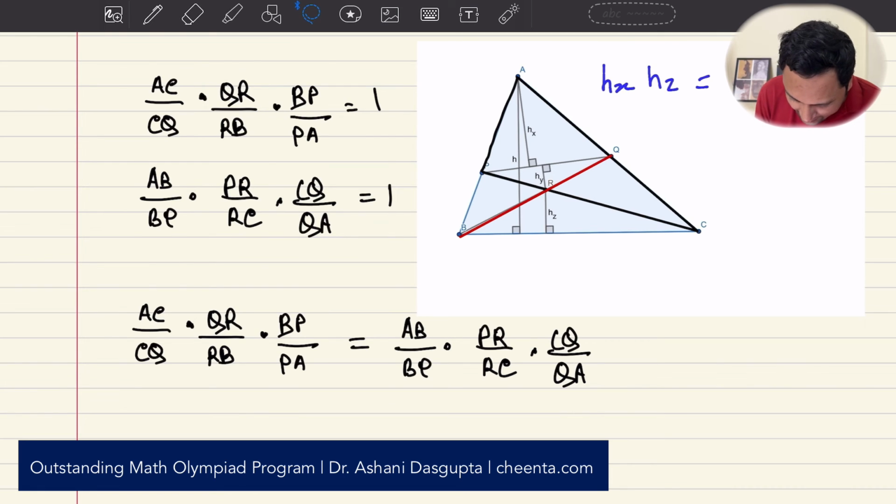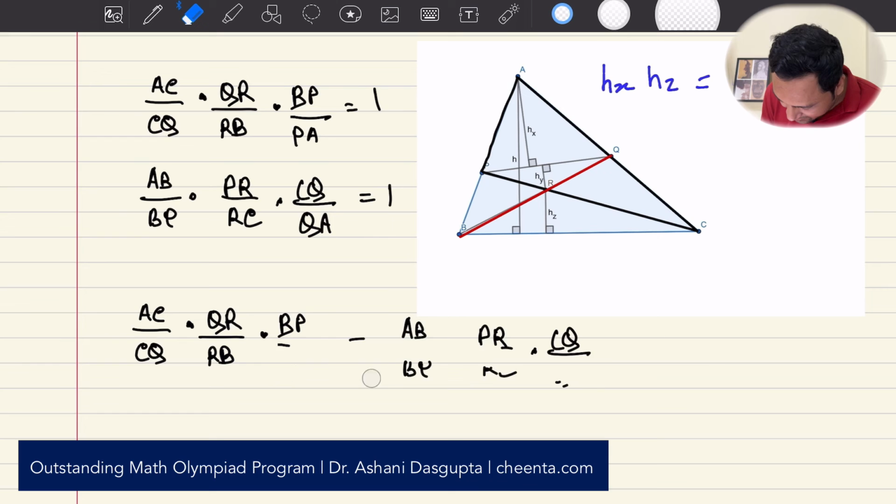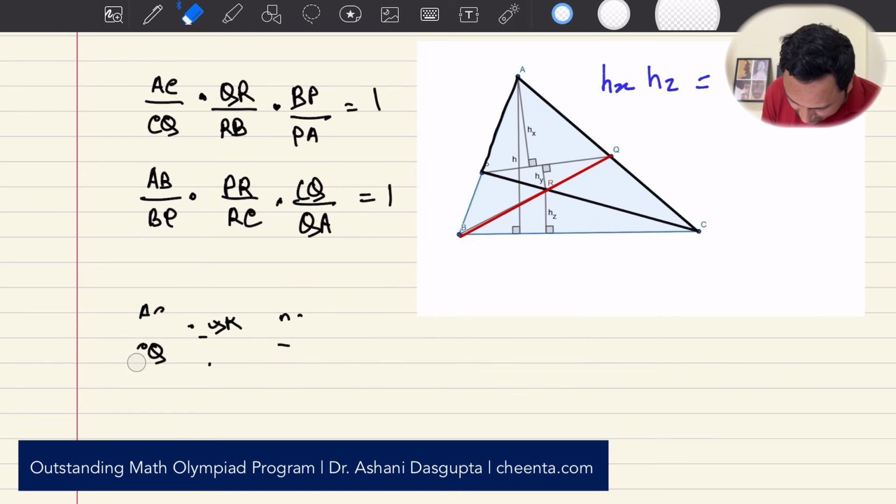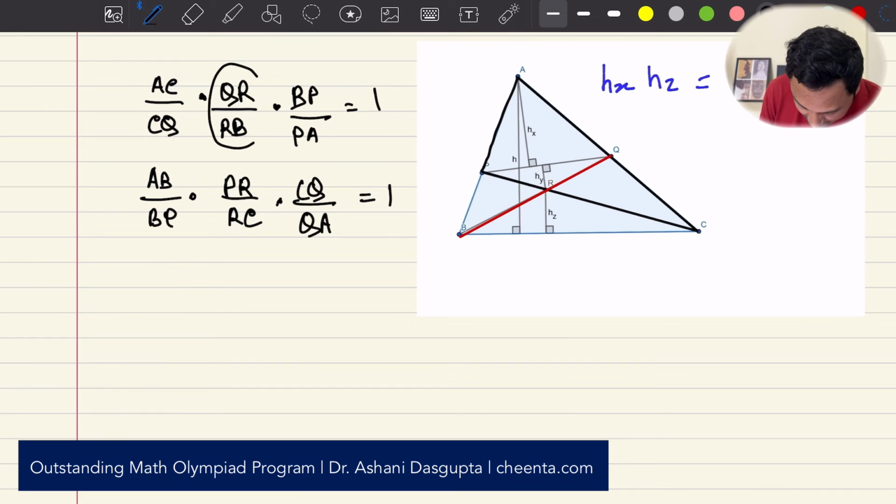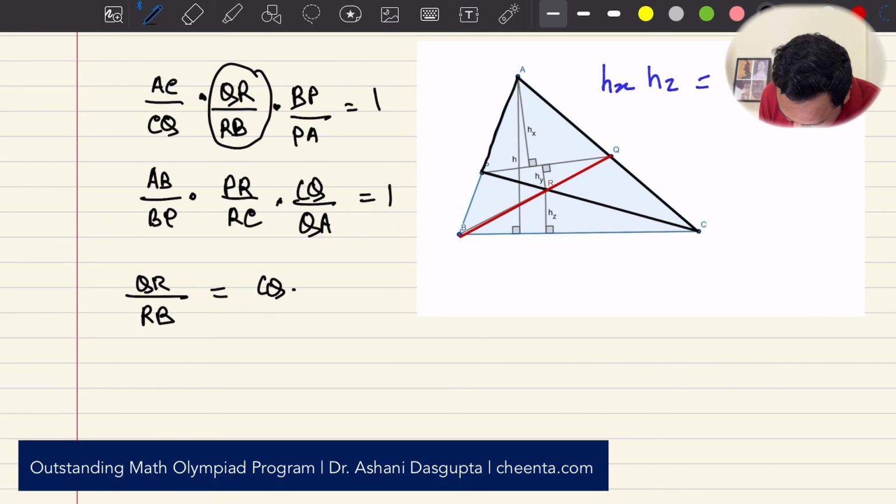Let's do it in a little bit different way. So we have QR by RB, this is equal to, just cross multiply this stuff, CQ times PA divided by AC times BP.